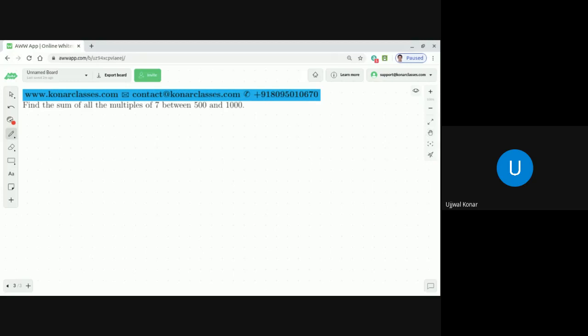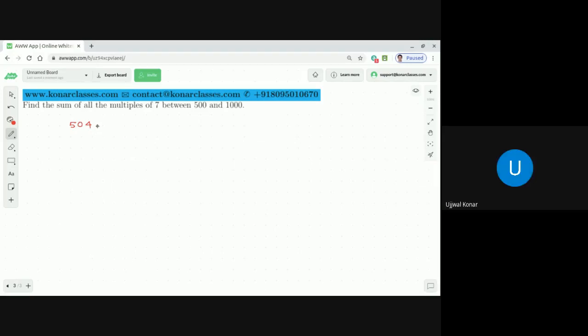So, what is the question? Find all the multiples of 7 between 500 and 1000. Between 500 and 1000, what is the first term which is a multiple of 7? That is 504, na? The first number will be 504, which is a multiple of 7 and immediately after 500.